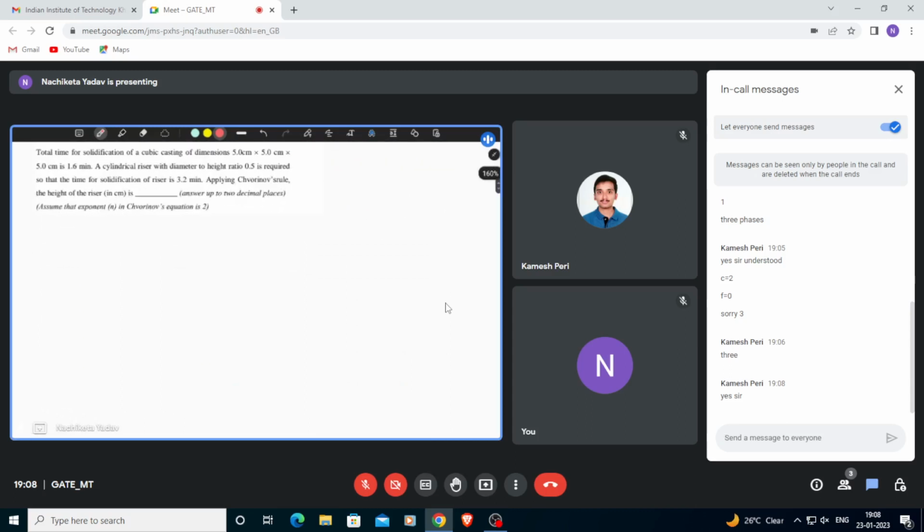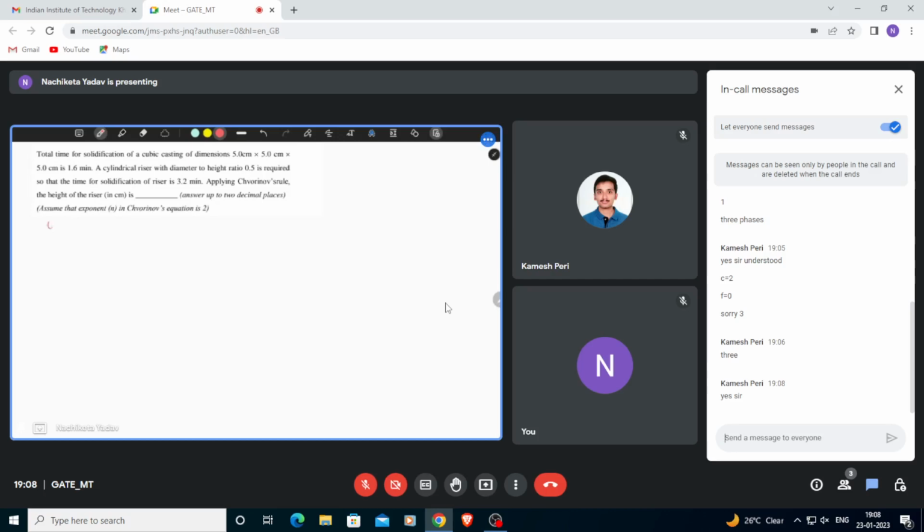Can you try this question? Here the total time for solidification of a cubic casting of dimension 5 by 5 by 5 centimeter cube is 1.6 minutes. So what is given?